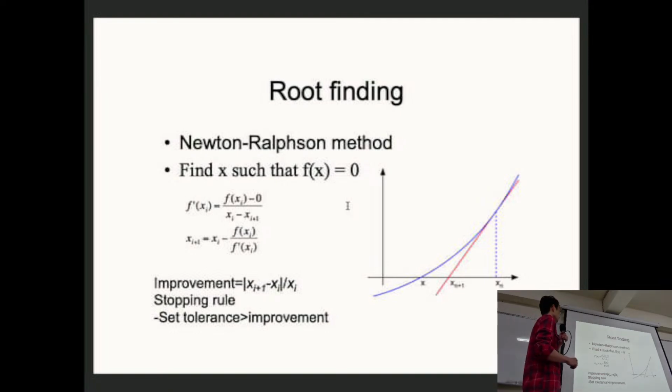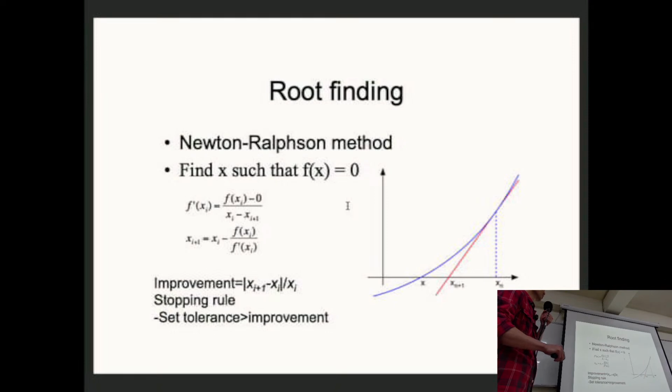So you can define some kind of improvement stopping rule. We can calculate the improvement, the difference between xi plus 1 versus xi, divided by xi. So how much improvement you get for each iteration. If the improvement becomes very small, then it will stop. You set a tolerance larger than the improvement.